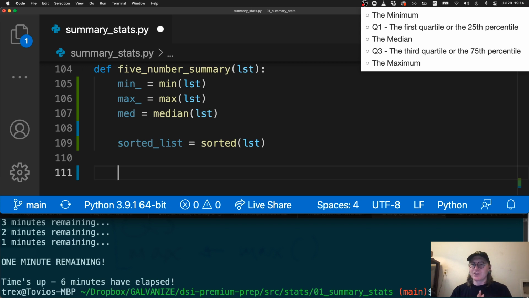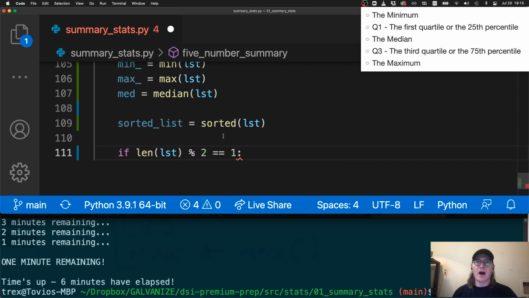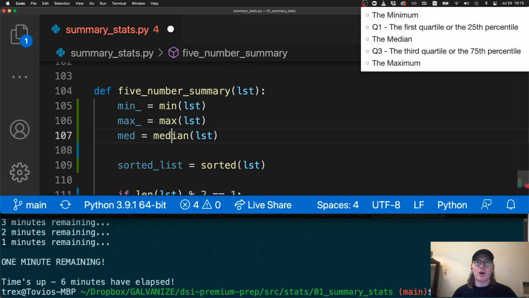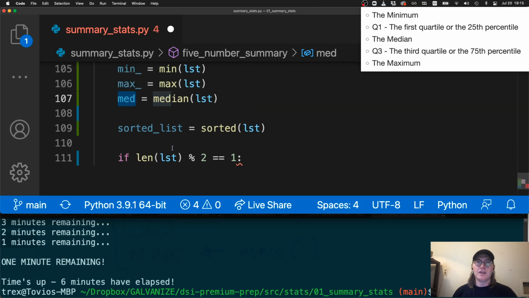Let me show you. If the length of the list mod 2 is 1, then we know that the original list is of odd length, which means that our median is going to be included in the lower half and in the upper half.